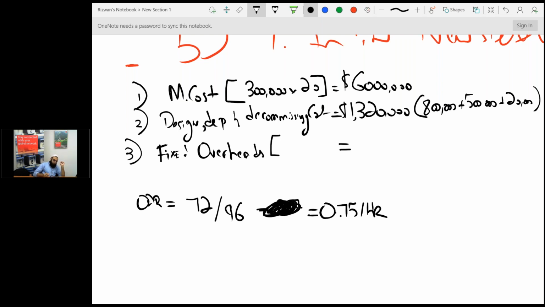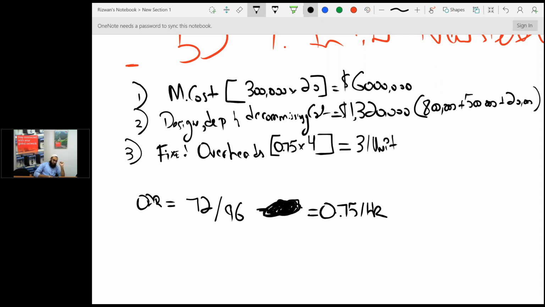Now what do you need to do? You just use this OAR of 0.75 per hour and multiply it with the hours per unit. So per unit hours is 4. So this gives you the per unit cost of 3.